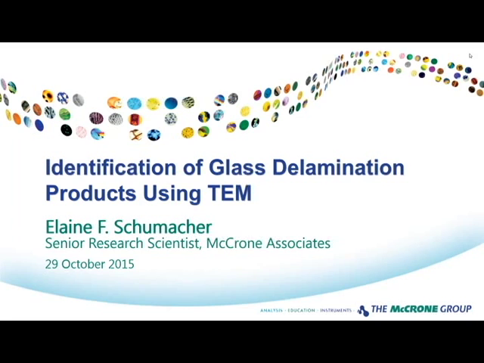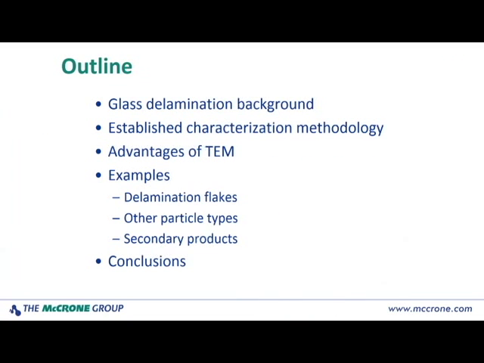The topic of today's webinar is identification of glass delamination products using TEM. I will be giving some background on glass delamination and describing the established characterization methodology, which is largely based on USP 1660. I'll be discussing the advantages of TEM for glass delamination characterization, although this is not a method used in or recommended in USP 1660, but I'll show you how well it can serve for identification of thin particulate associated with glass delamination processes.